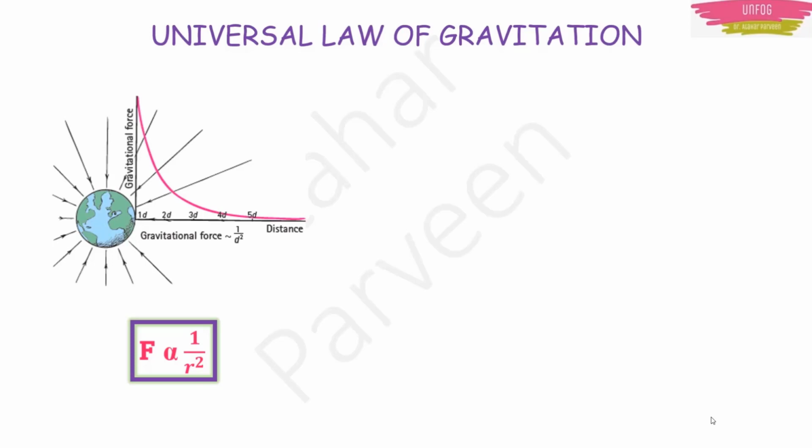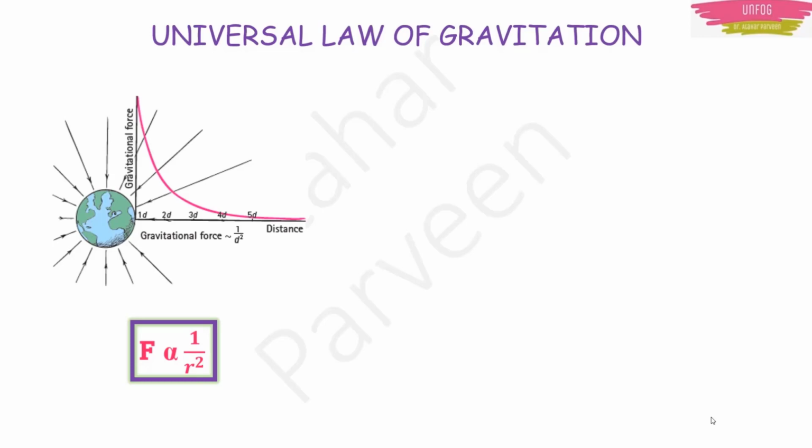This curve is known as an exponential curve. So they can ask a question: the curve plotted between gravitational force and the distance between the two objects is a dash. There will be 4 options. One could be a linear curve, one could be an exponential curve, and something else could also be mentioned in the options. So the answer is the exponential curve.